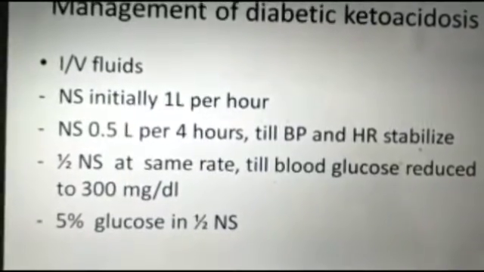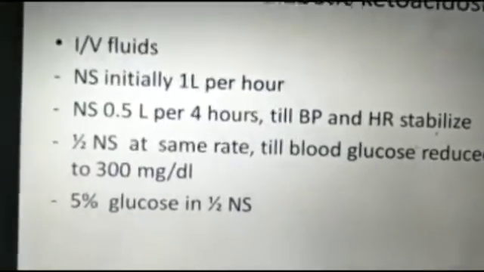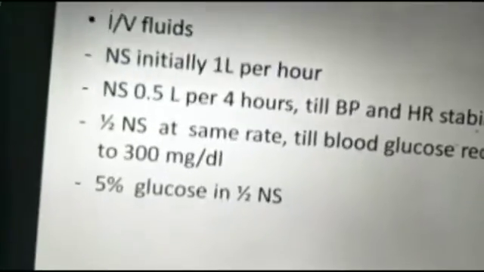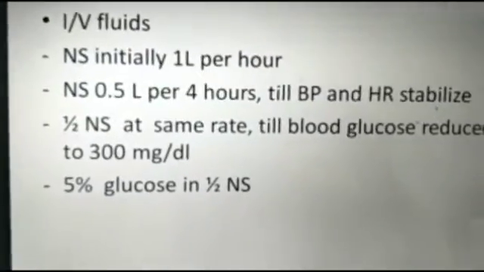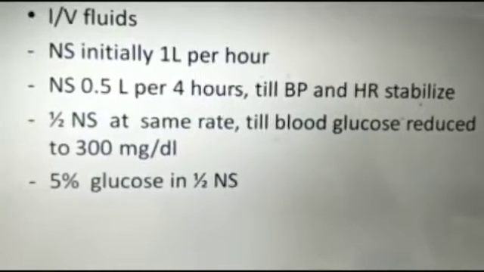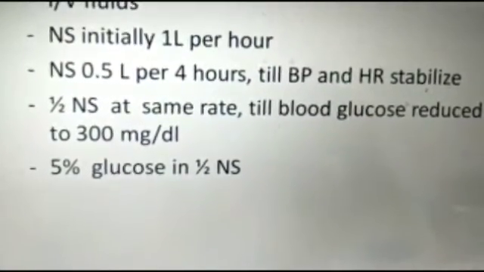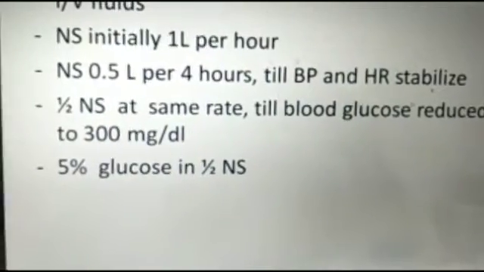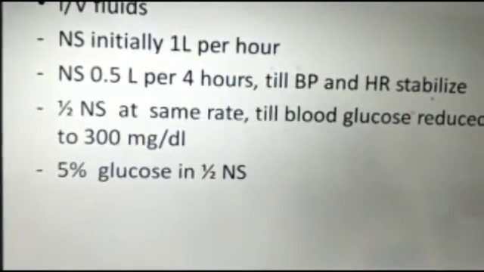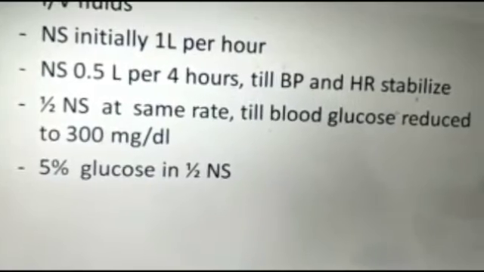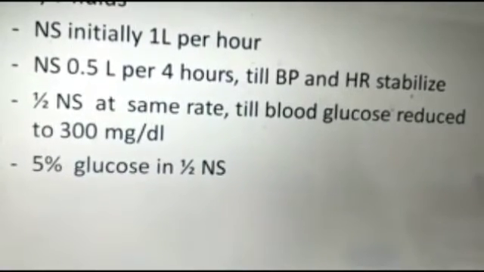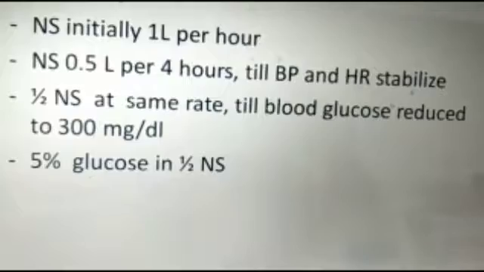It is 1 liter per hour. 1 liter of normal saline is given per hour. Slowly the rate is reduced, and then we give normal saline at 0.5 liters in 4 hours, and this is continued till the blood pressure and heart rate return to normal.